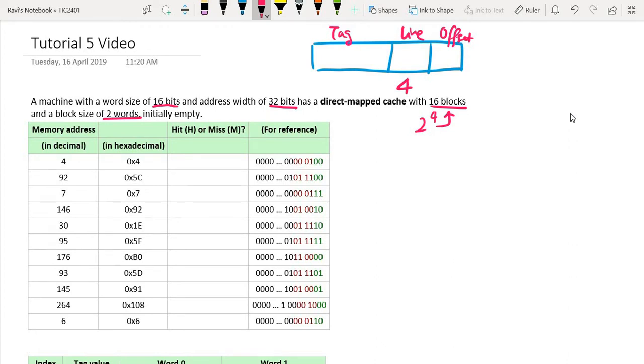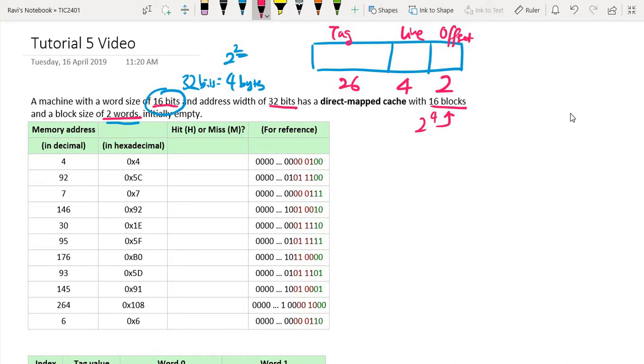In each cache line I have 2 words, and since one word is 16 bits, 2 words is 32 bits, which is 4 bytes, and 4 bytes is 2 to the power of 2. That means I need 2 bits to represent the byte offset, and the remaining 26 bits will represent the tag. So that is the first thing we need to understand from the question.